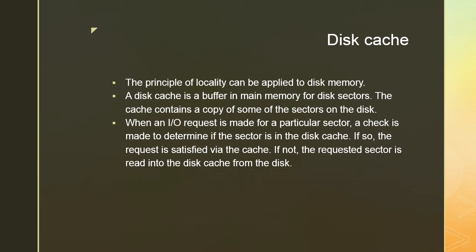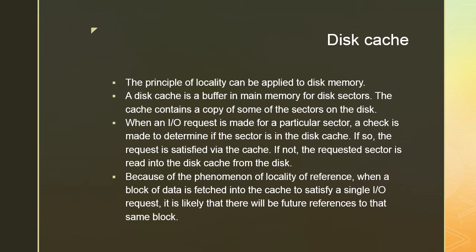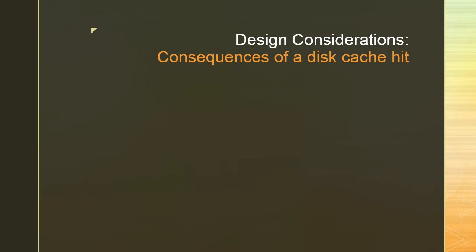If so, the request is satisfied via the cache. If not, the requested sector is read into the disk cache from the disk. Because of the phenomenon of locality of reference, when a block of data is fetched into the cache to satisfy a single I/O request, it is likely that there will be future references to that same block.